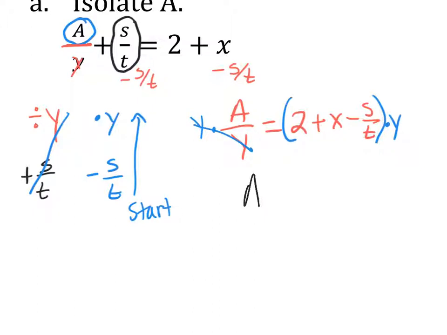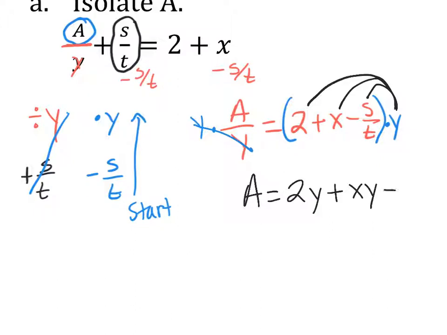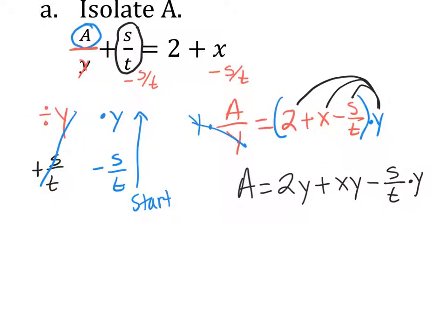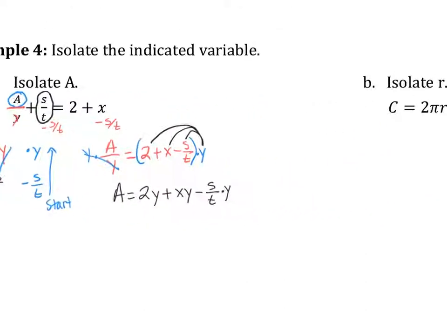So we'd have a equals, then we can distribute this y to everything on the inside. So we'll have 2y plus xy minus s over t times y. Or you can have sy in the numerator over t. Okay, so these, when we just have variables, doesn't look that pretty because there's nothing to combine, but still the same process.